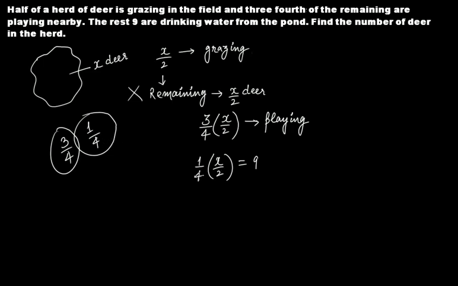So 1/4 of this X by 2 are not playing and they are drinking water, and that number is 9. This is equal to 9. If you solve this, you get x by 8 is equal to 9, and if you solve it, you get x as 72. So the number of deer in this herd is 72.